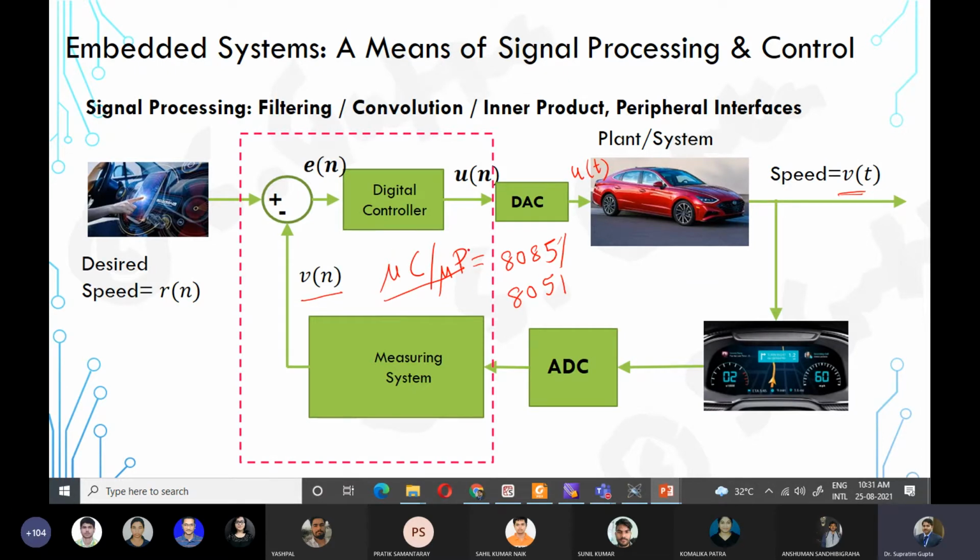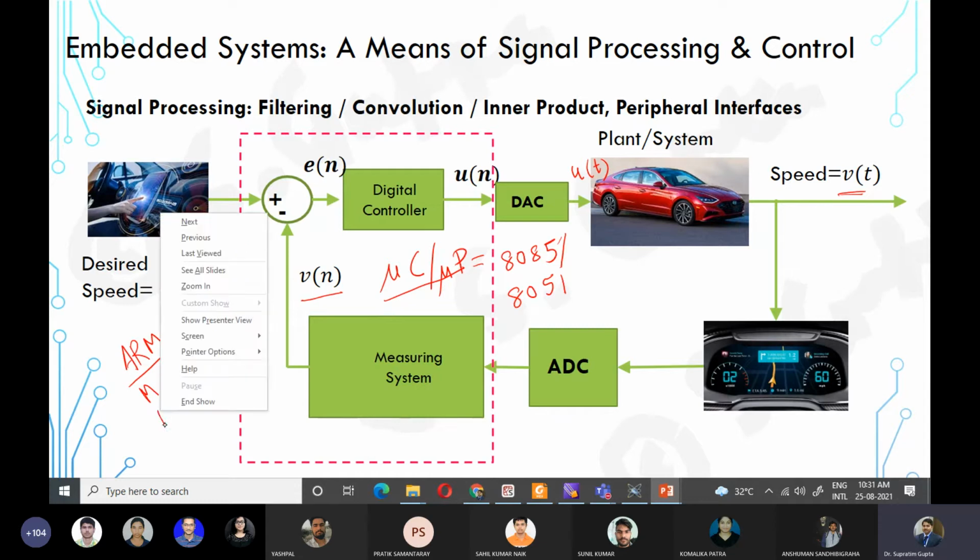You can use any processor available in the market, like ARM processors, and there are a number of families of ARM processors. So not only a single one, but also, say, we have the Cortex-M, or we have the dual core model.